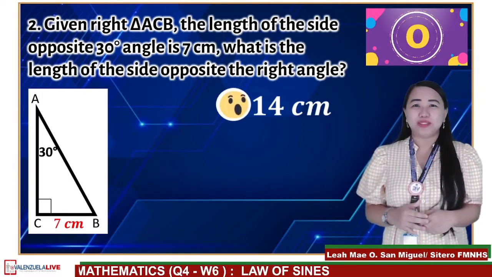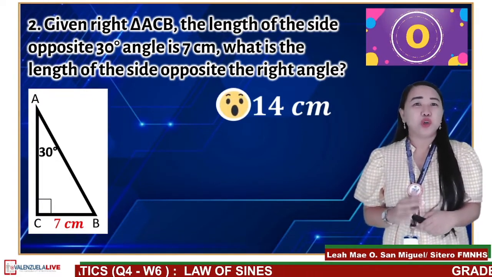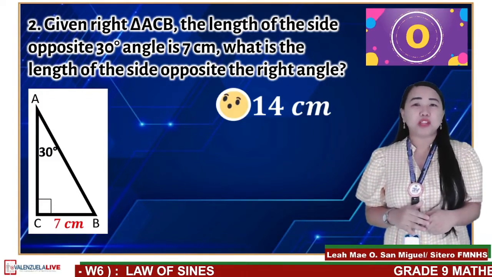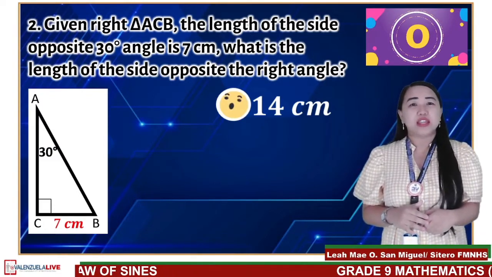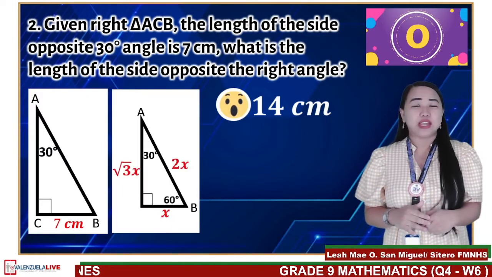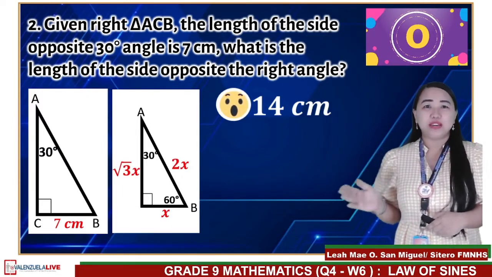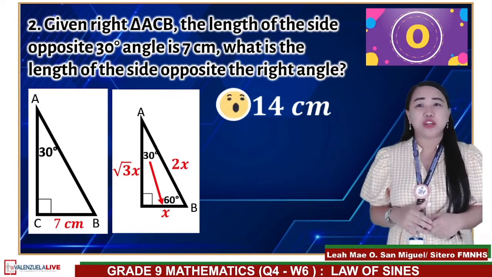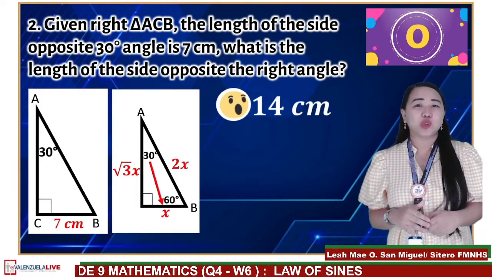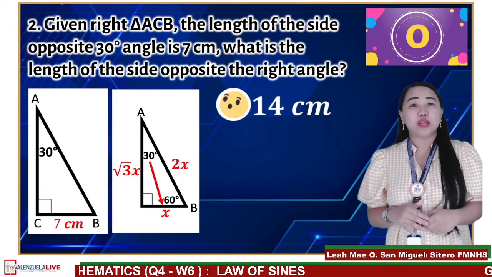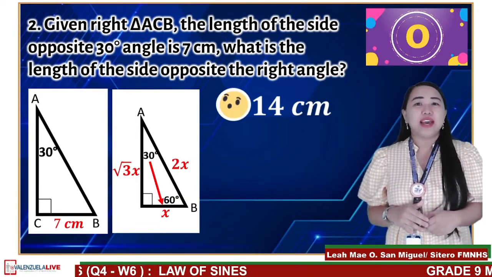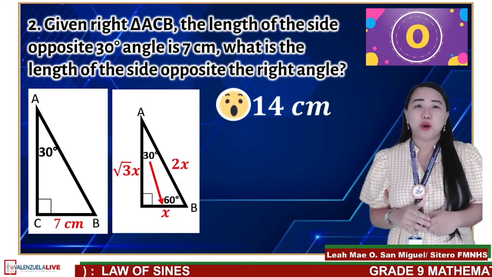Very good. To solve this, you can use the theorem for special right triangles. The given triangle is a 30-60-90 triangle. As you can see, the side opposite the 30-degree angle is the shortest side. The side opposite the right angle is the longest side or hypotenuse.